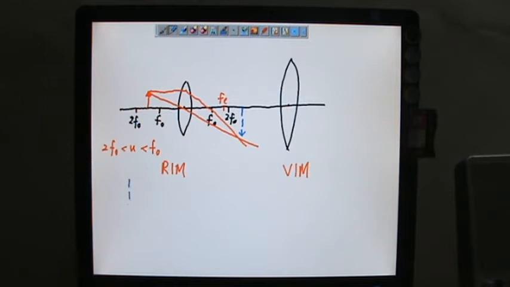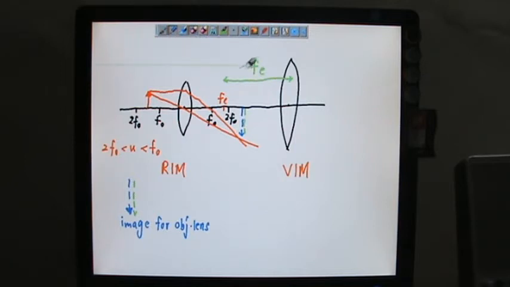So this blue arrow is an image for the objective lens. Okay, so after some time, the blue arrow has become an object for the eyepiece lens. This is quite evident from here. You have FE.